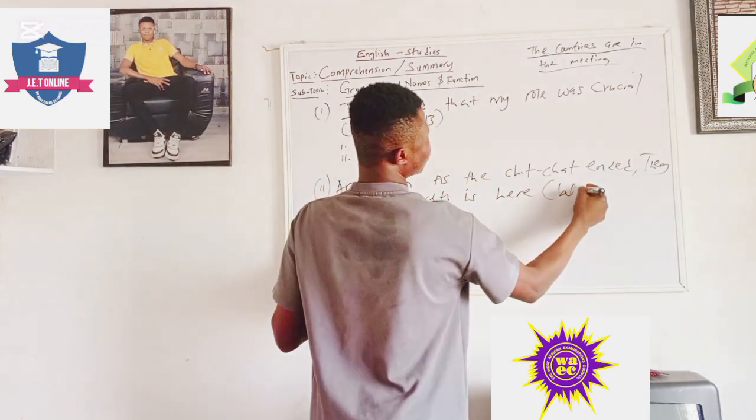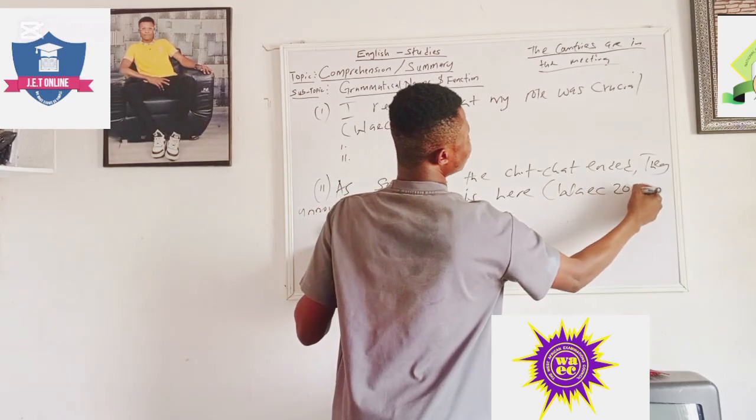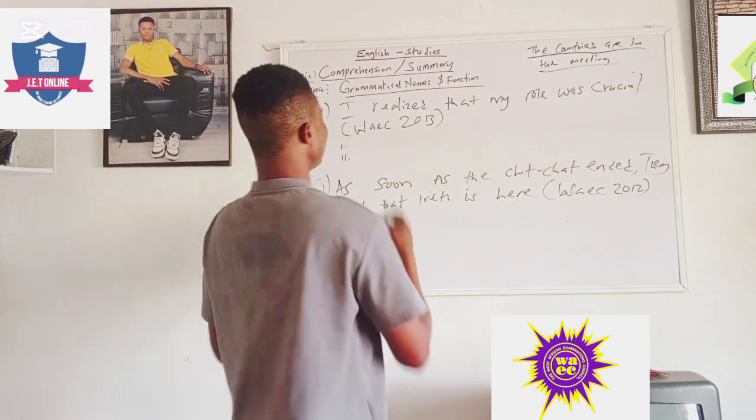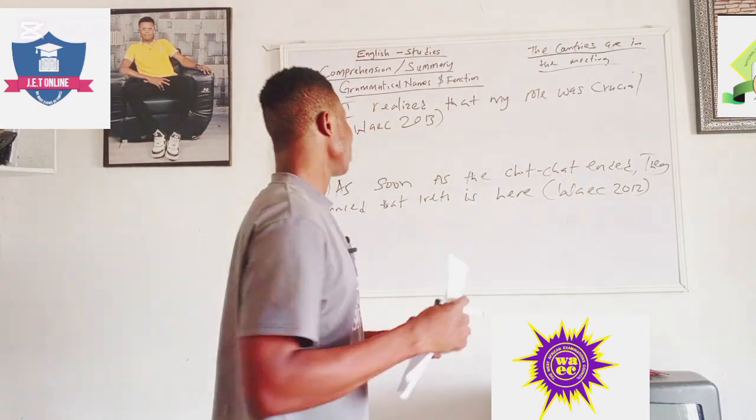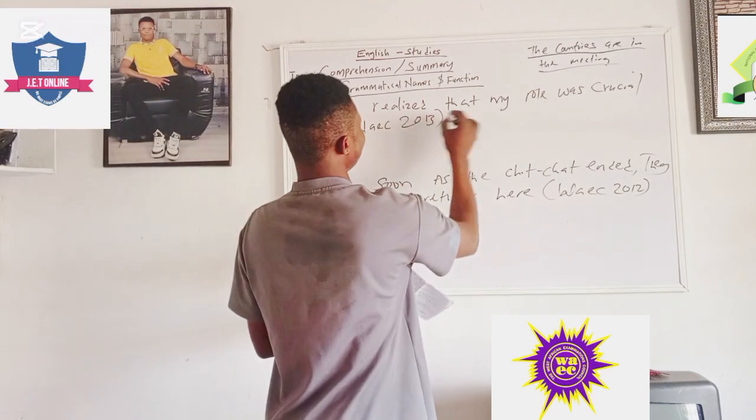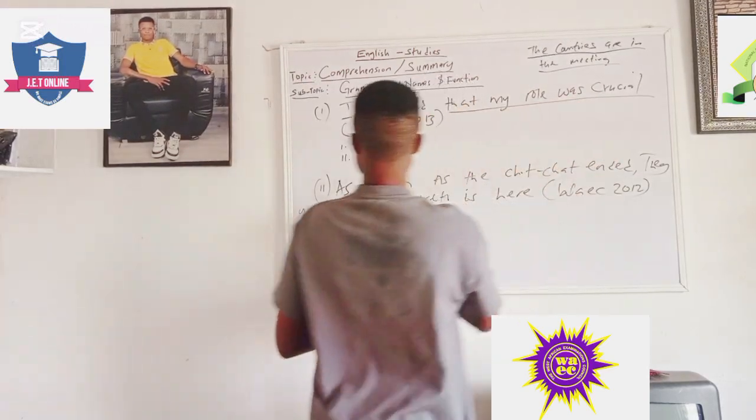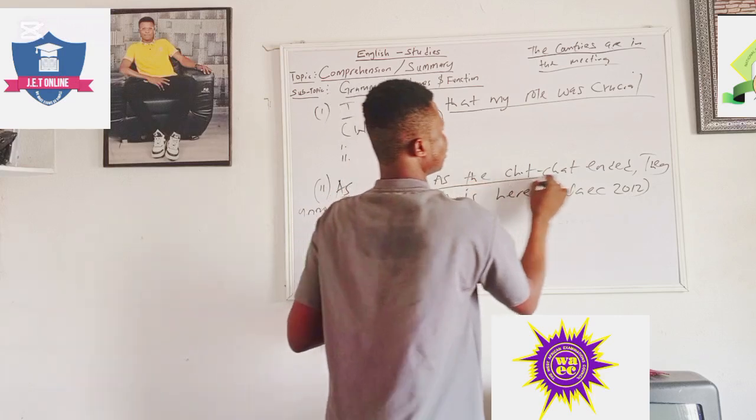This expression is from WAEC 2012. Now let's look at these two expressions first before we go for the other ones. I realized that my role was crucial, this is the first expression, and then here we have, as soon as the sheet chart ended.